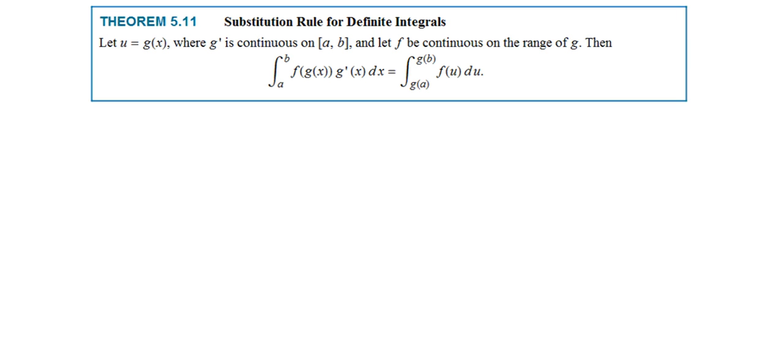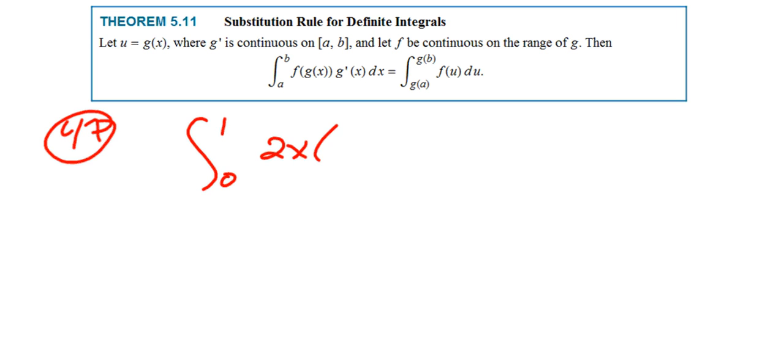And for this one, the only thing I want to do for this example is when we're given a definite integral, we have upper and lower bounds. So we're going to do u substitution, and there are two ways to go about this. One, you could take the u substitution, find the antiderivative, and then once you plug back in your u for x, use the correct bounds.